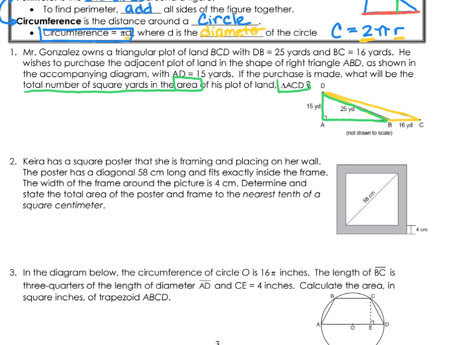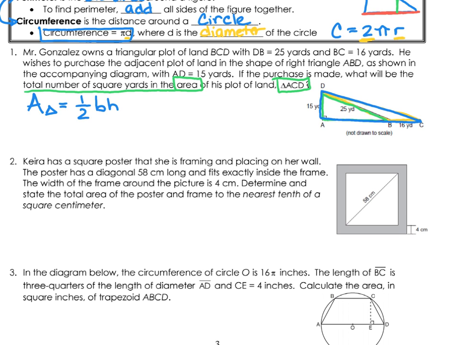So notice, guys, we're finding the area of a triangle, ACD. He wants to own this entire picture, so we have to find how much space is inside this blue triangle. We're going to say area of a triangle is equal to 1/2 base times height.